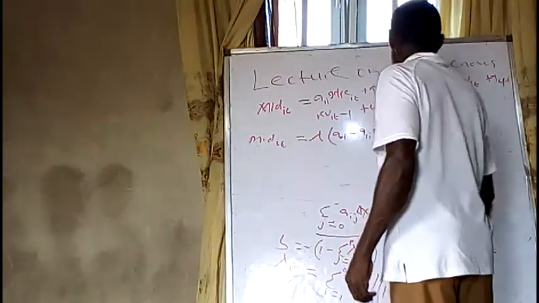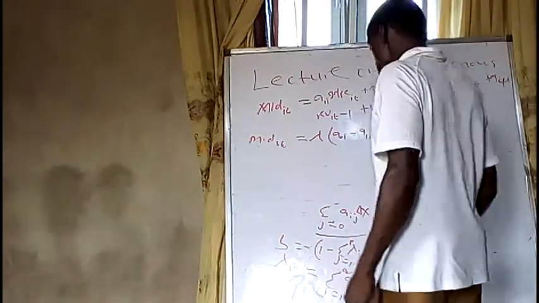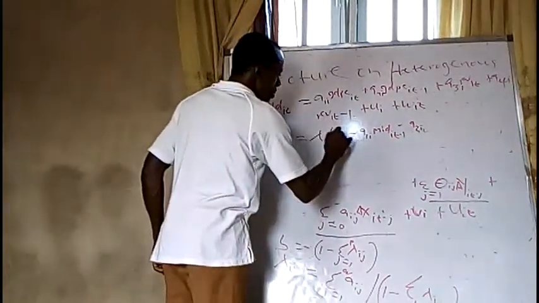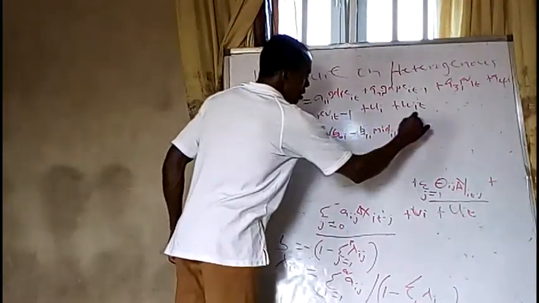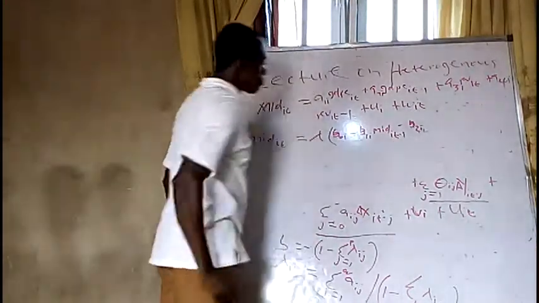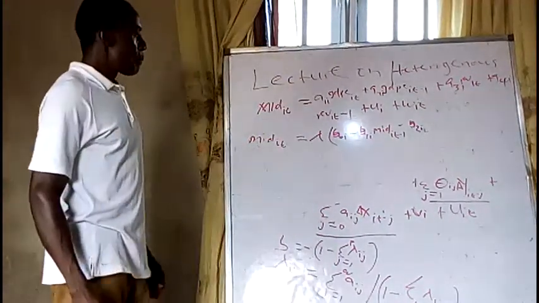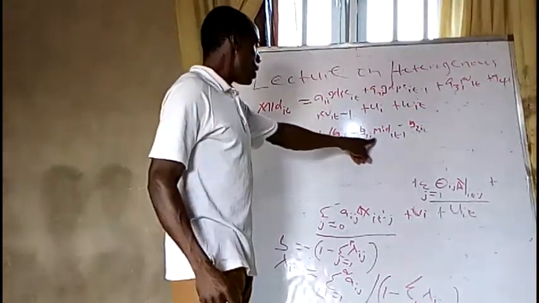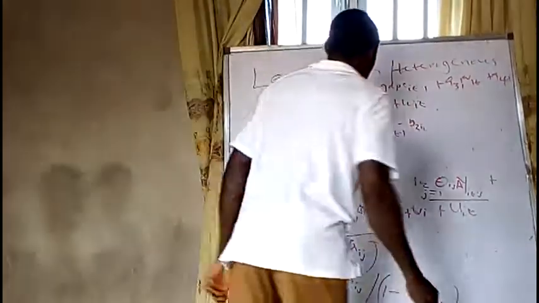Please permit me to change these parameters. Instead of using this parameter, let me now use B. B will be here, and also we have B here. B0I, B1I, then B2I.